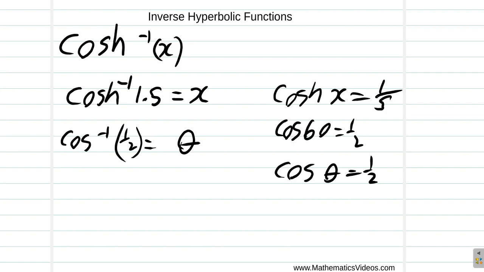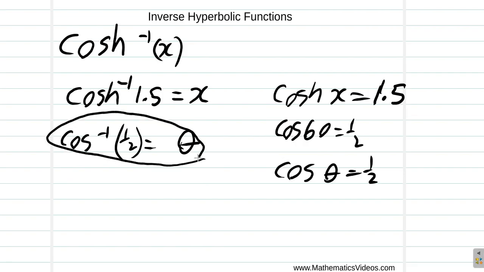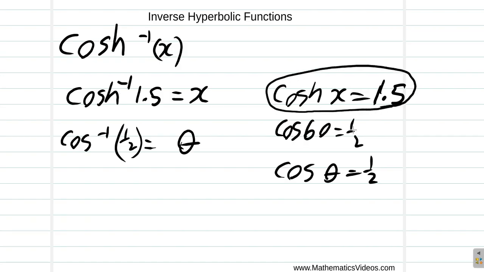Let me correct that, 1.5. So, in cos, you're told that the cosine of an angle is half. What is the angle? Cos inverse of the answer, half, will give you the angle. So, the cosh of an angle is 1.5. I mean, the cosh inverse of 1.5 will give you that angle.